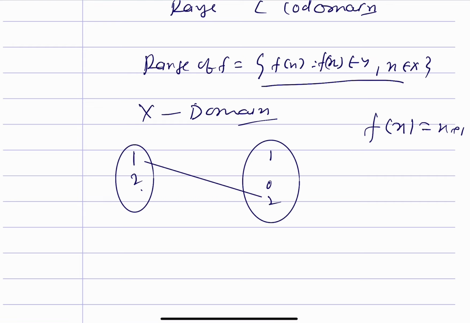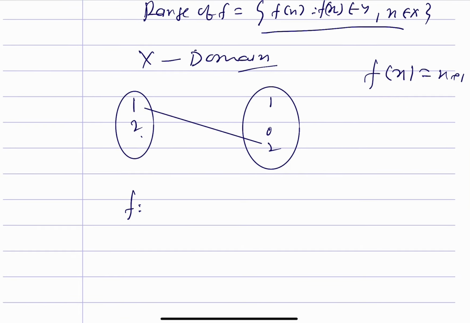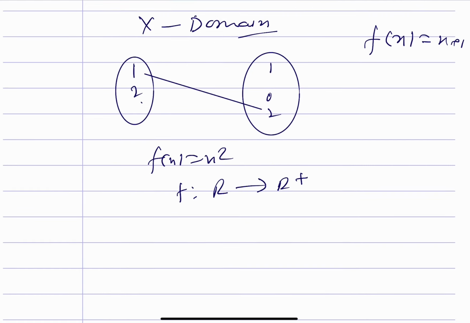Another example: f mapping R to R plus. Take a simple example, f(x) equal to x square, with f mapping R to R plus. Every member of R exists, but 0 belongs to R and 0 doesn't belong to R plus.